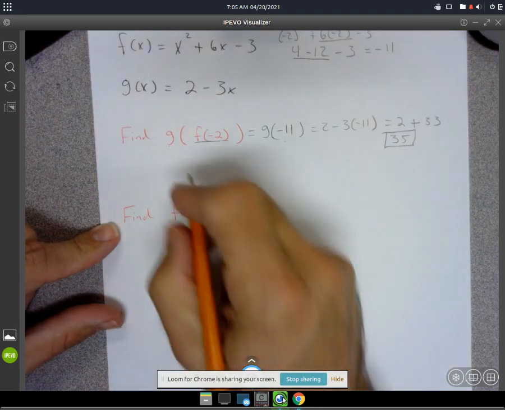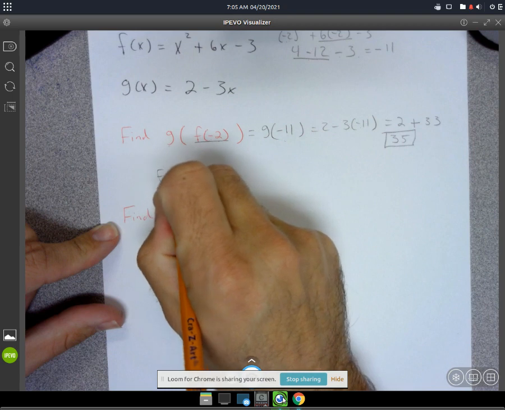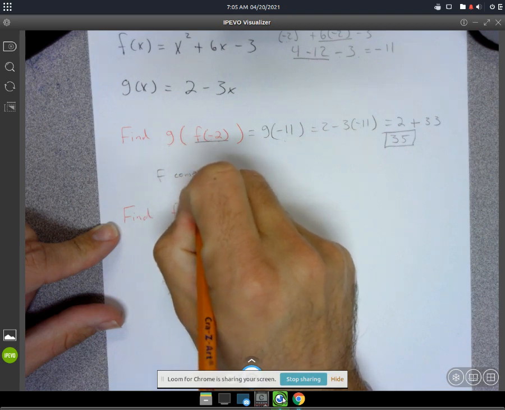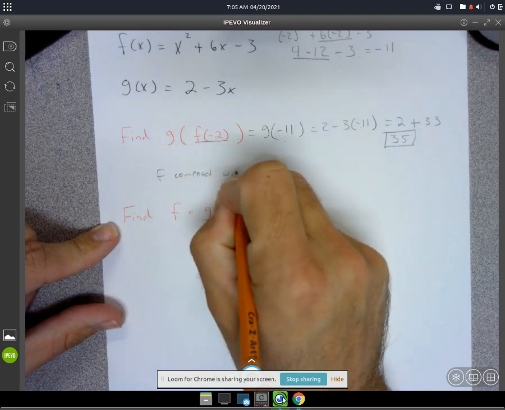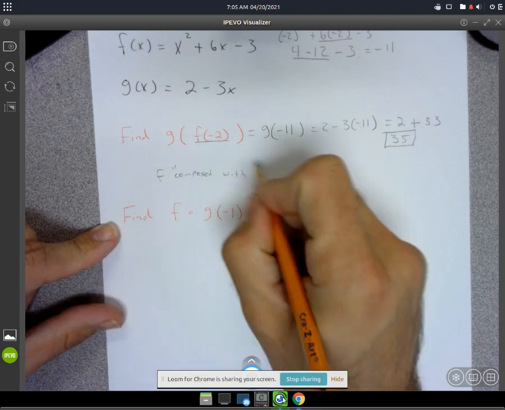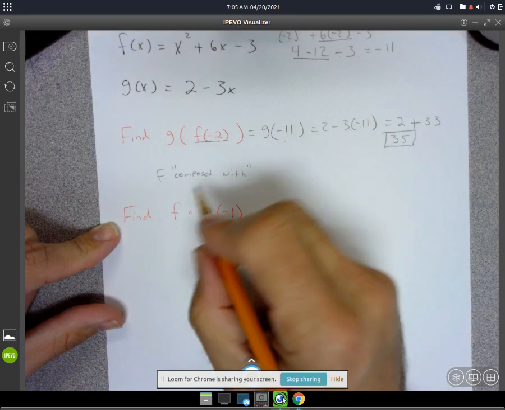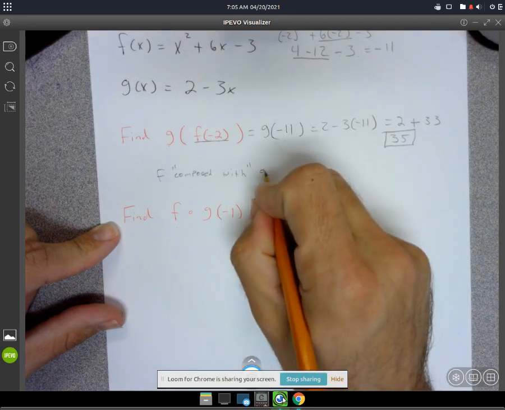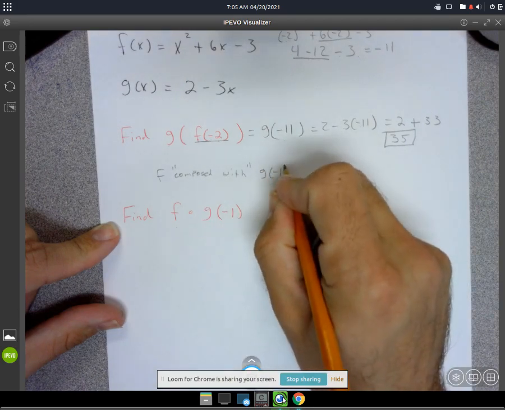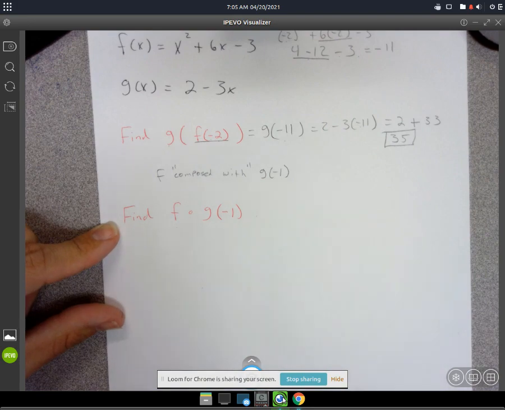The way that you would read this is f composed with, that's what the little circle, the open circle, means. So f composed with g of negative 1. That's all that little circle means.